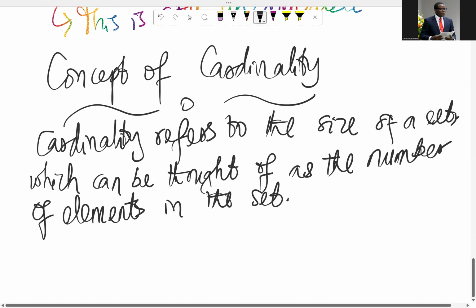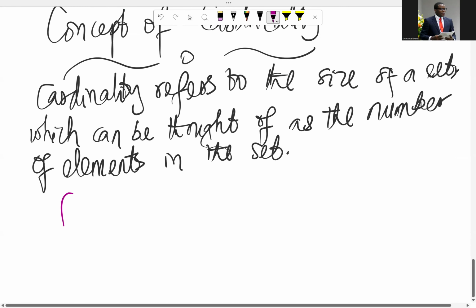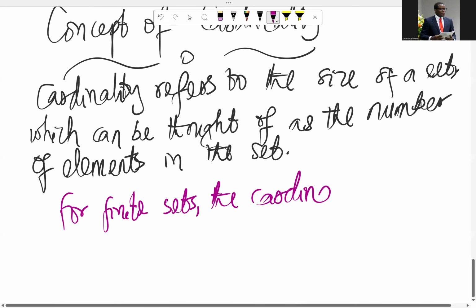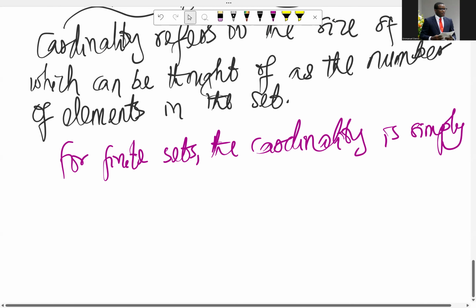Again, for finite sets, the cardinality is simply the number of elements.